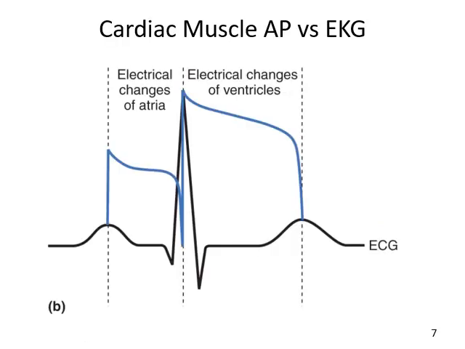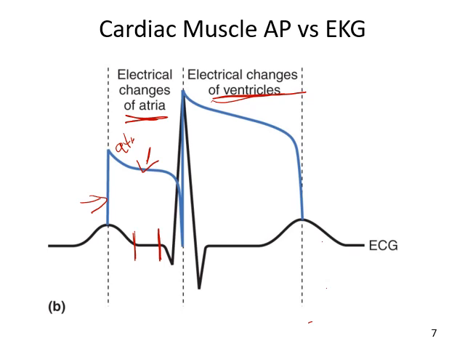So here is a little picture superimposing the action potential, and this would be the one in the atria. And then the action potential of the ventricles on top of the EKG. So as we can see, right here in the middle of the P wave, there goes our depolarization. Here's plateau, so we see this kind of no change in charge.